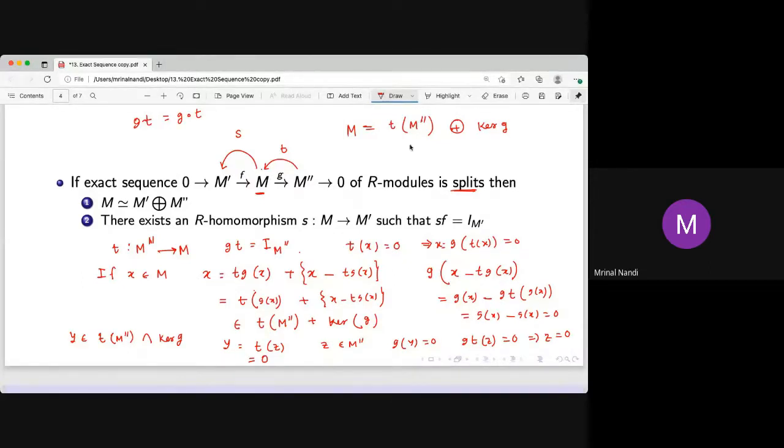But what is kernel of G? We know, since it is exact, kernel of G is actually image of F. Now F is injective. That means the image of F is isomorphic to M dash.